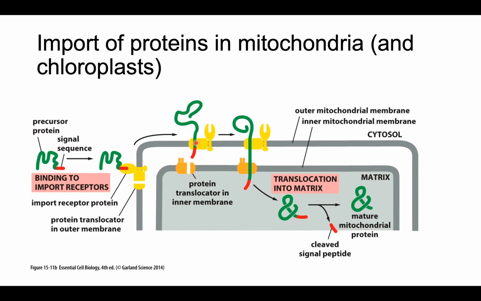The signal sequence is also going to recognize this protein translocator on the inner membrane. So we actually have to unfold this precursor protein to bring it in. We've translated it. It might have folded into some kind of shape. It's going to bind these receptors. It's going to be brought in. And as it's being brought in, it needs to unfold to fit through this channel, through these translocators.